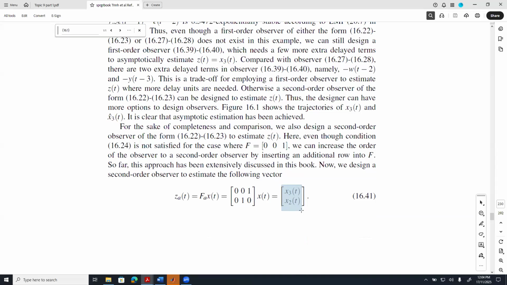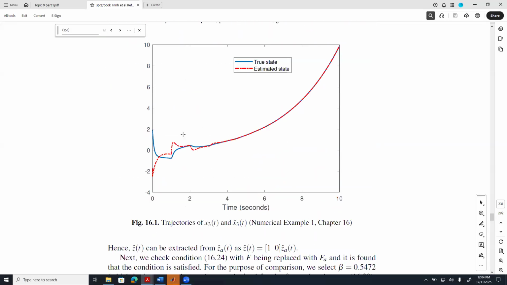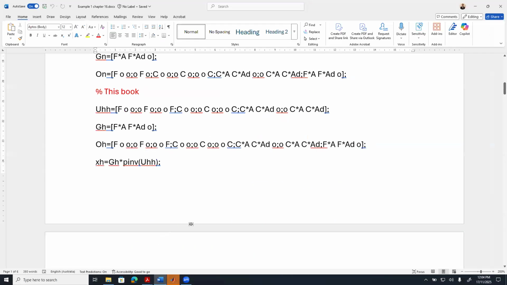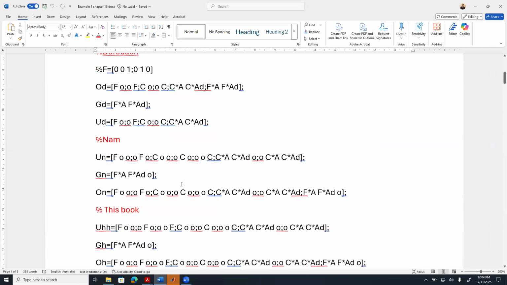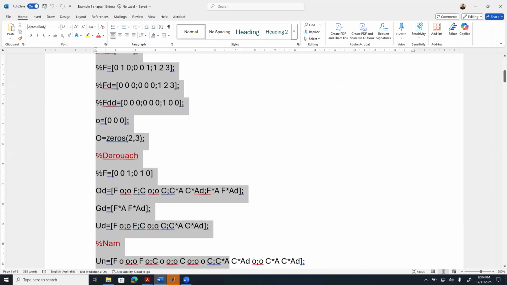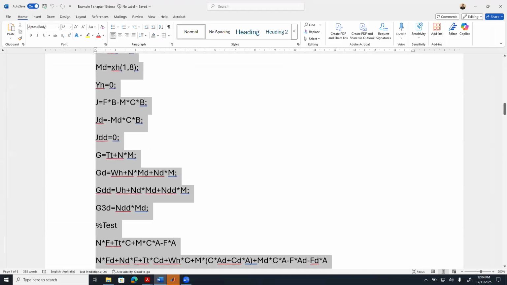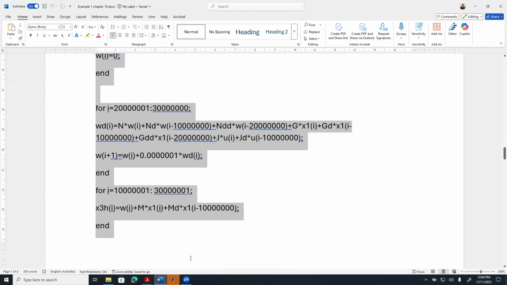unmeasurable state variables. And this is the simulation of our result using our first order general structure, where we have an extra internal delay in there. So what I'd like to show here is I cut and paste the simulation results.